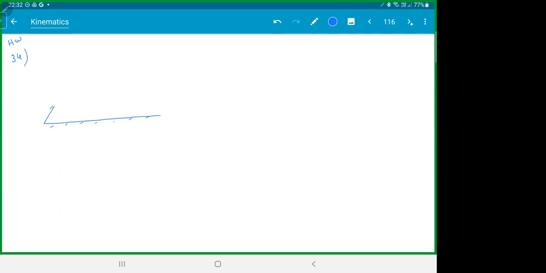A particle is projected with u and theta, right? u is constant, theta is variable. Means you're throwing particles with constant speed and theta is variable. You can throw with any angle you want. Now, when you throw with different angles, what will happen? If you throw it steep, you will go like this. You can throw it pretty flat and you will go like this.